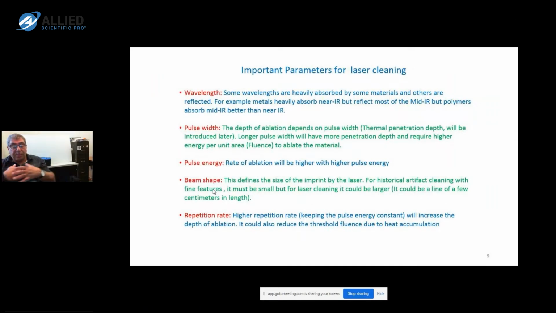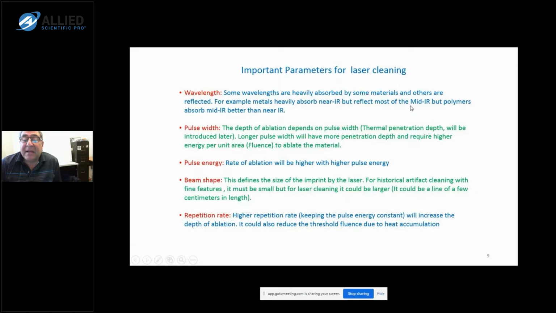So what are the important parameters for laser cleaning? First of all is the wavelength, which is quite important because some of the wavelengths are heavily absorbed and some of them are not absorbed. So if you look at, for example, near IR, it's very well absorbed by metals, but the mid IR is reflected by metals.